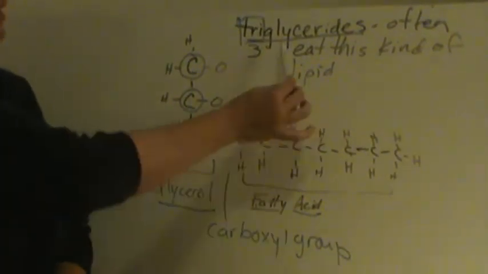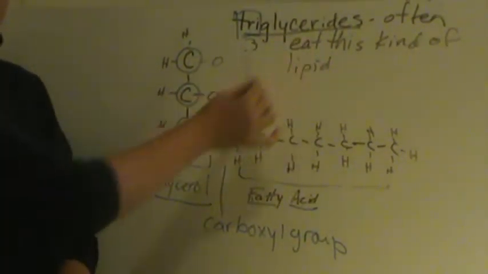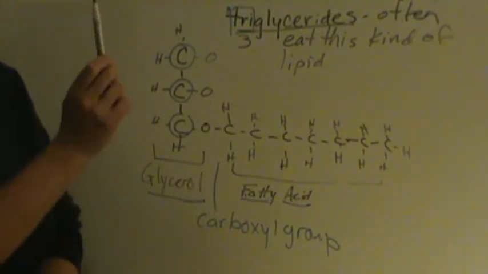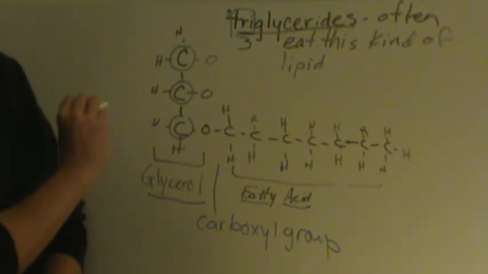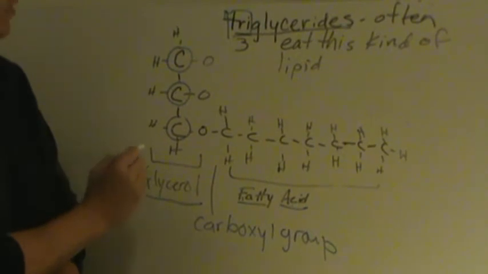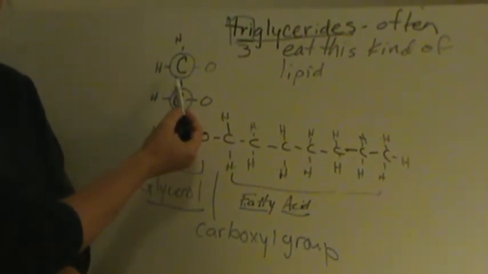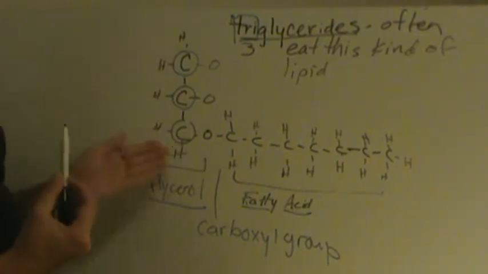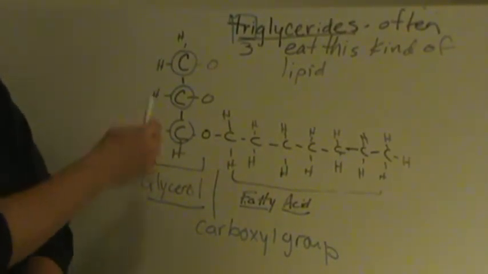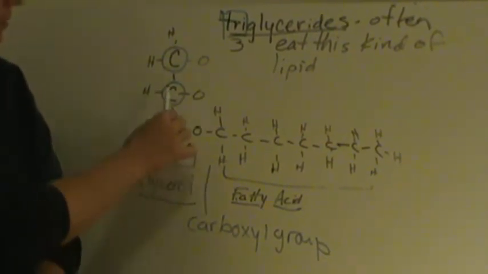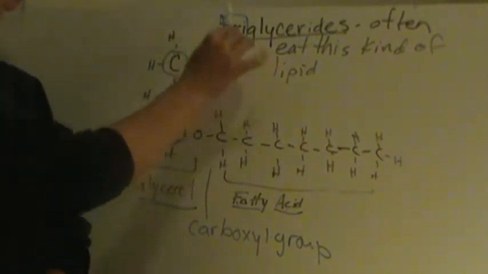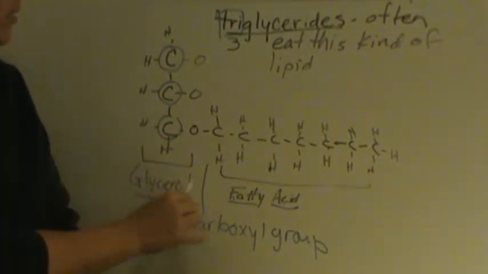Glycerol looks a lot like glyceride, very similar words. And how many carbons are in this structure of glycerol? There's 1, 2, 3 carbons here. So with these 3 carbons here, we have the 3 that refers to the tri, so a triglyceride.